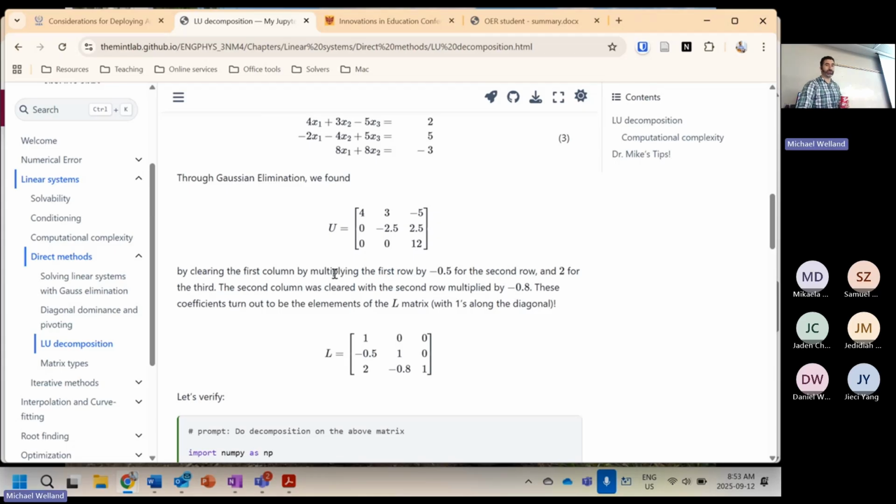So the first thing we had to do was multiply the first row by negative 0.5, second row by 2, third row by negative 0.8, slap some ones along your diagonal, and now you have your lower triangular matrix. Again, a lower triangular matrix, not the, because they're not unique. This was the way that these were originally constructed. Doing the Gaussian elimination gives you both U and L. L is kind of baked into the algorithm while you're doing it by hand, but you can pull that out and you can recover it.